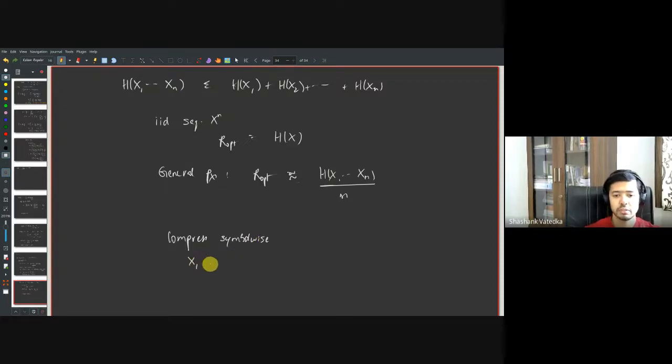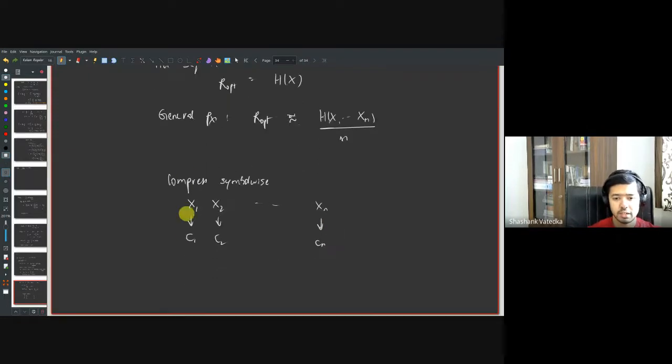You first compress X1, then you compress X2: compress X1 to c1, compress X2 to c2, and so on, Xn to cn, and then you concatenate everything together. Then the overall expected length would be roughly the length of c1 plus the length of c2 and so on, which is H(X1) plus H(X2) and so on up to H(Xn).